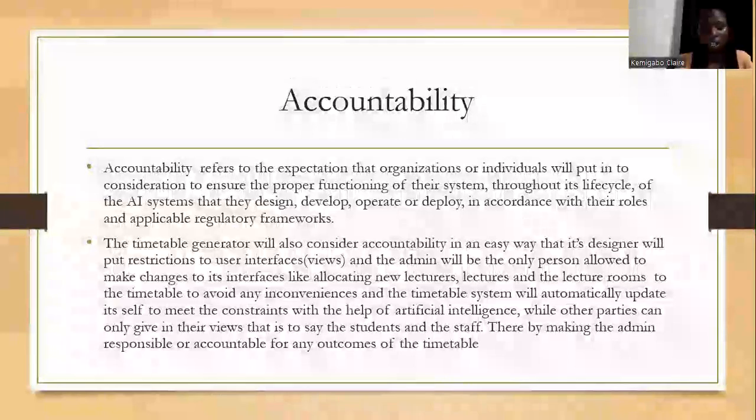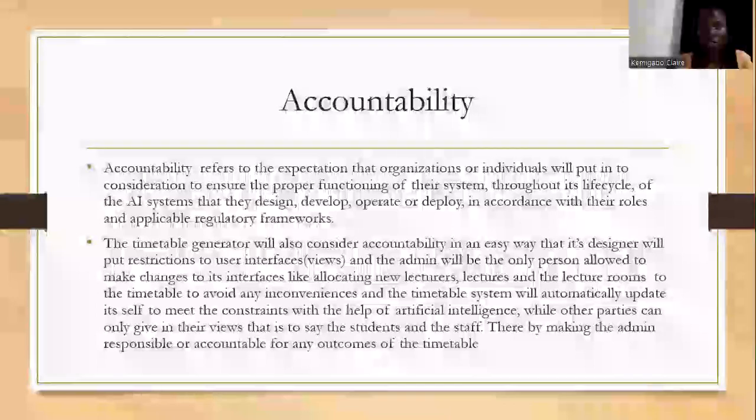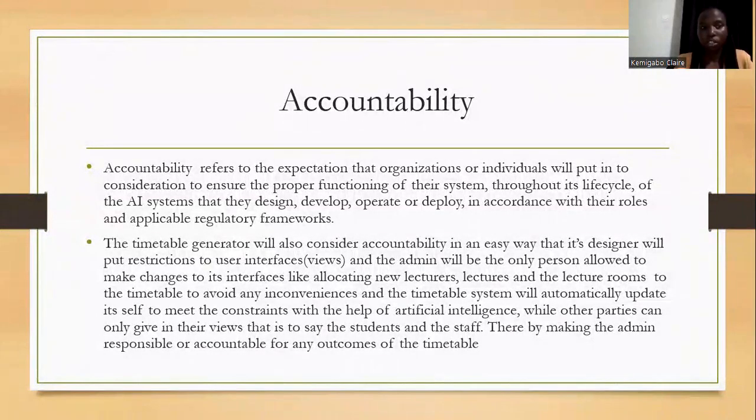After the admin puts in those constraints or adjusts the timetable, other people with views, for example students and other staff, will have the timetable automatically generated for their views appropriately, and they will all receive the same correct information. So it's only the admin who will be accountable for that change in case of anything.